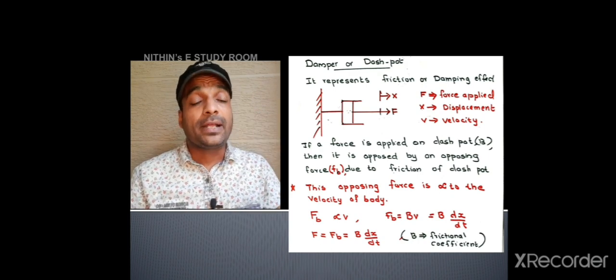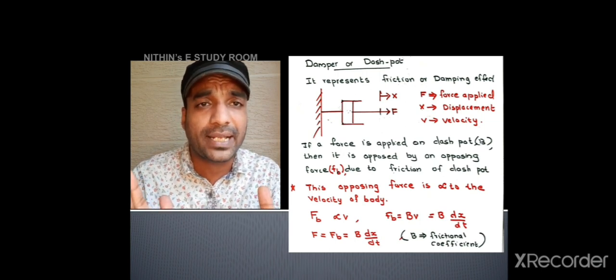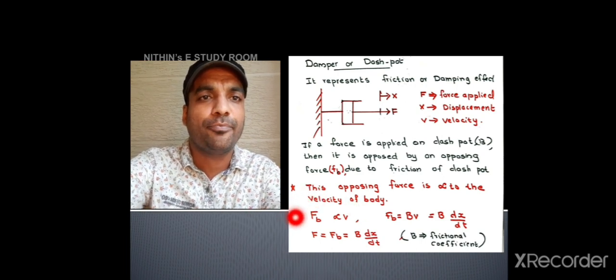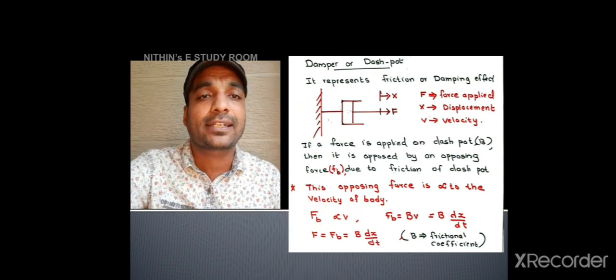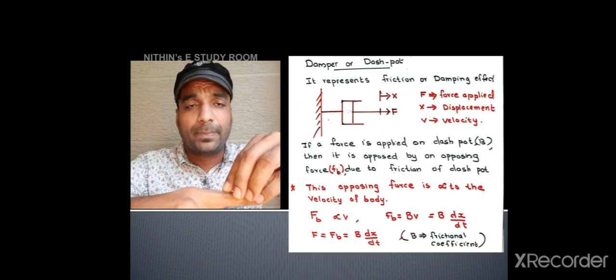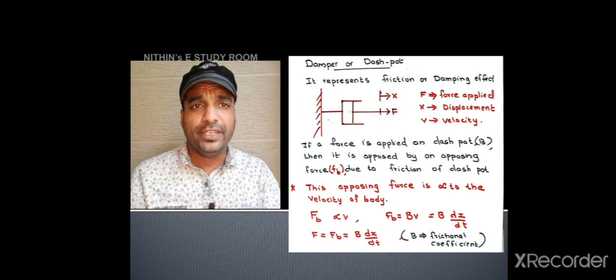the friction will impose another opposing force, named Fb. Here you can see it. That force is named Fb, and Fb is directly proportional to the velocity of motion. You are applying a force and moving the object with velocity v.